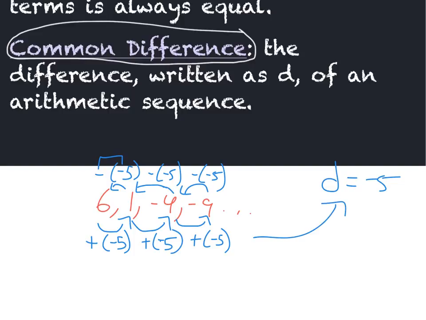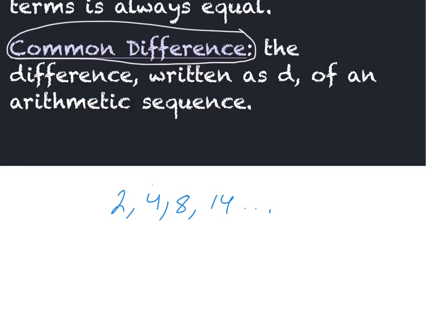Let's do one more example. So let's do it both ways. So here, what are we doing from 4 to 2? We're subtracting by 2. What are we doing from 8 to 4? We're subtracting by 4. What are we doing from 14 to 8? We're subtracting by 6. So there's a pattern, right? We're subtracting by consecutive even integers, but it's not common.